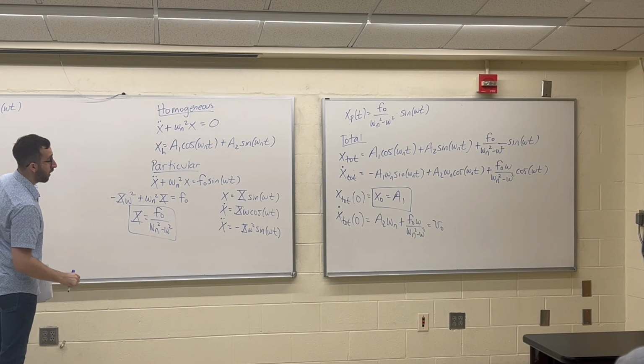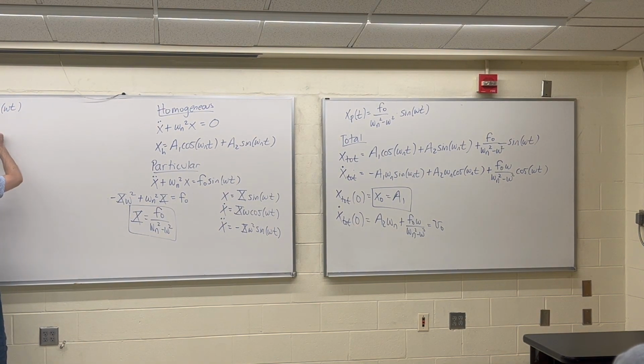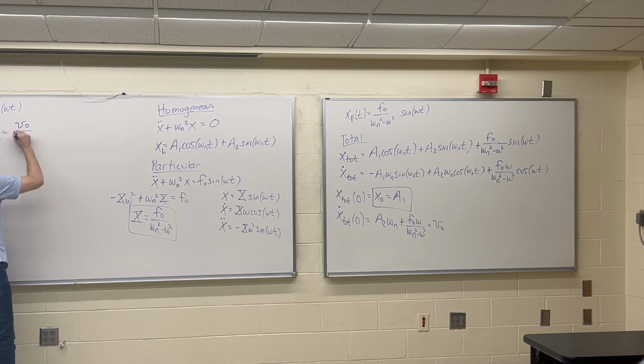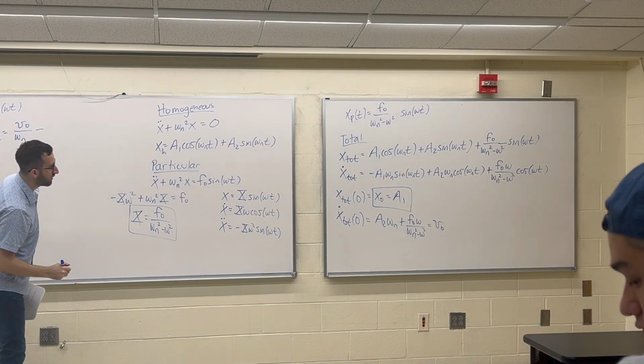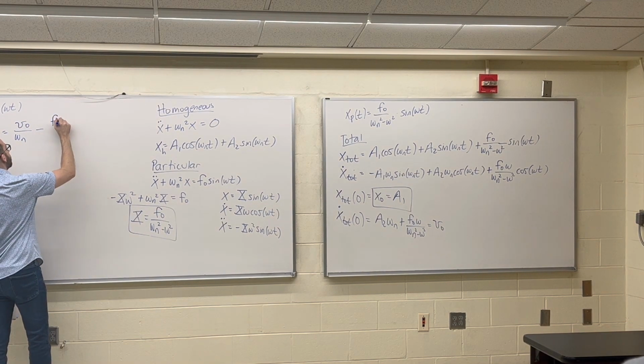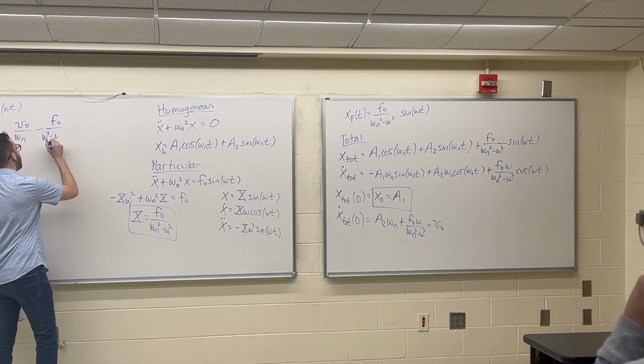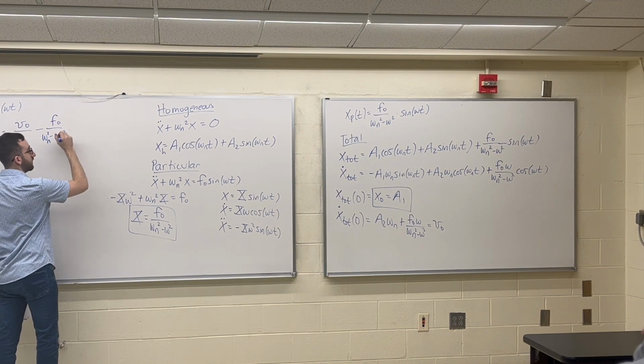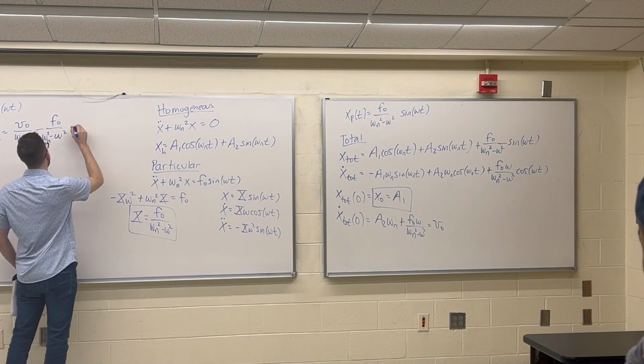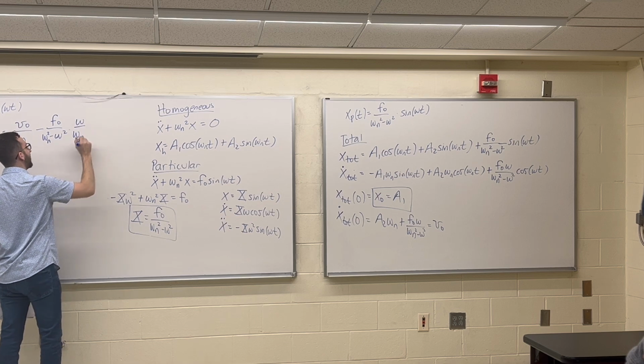So if we were to go ahead and bring everything over and solve for A2 in the way I defined it, this would be v naught over omega n minus F naught over omega n squared minus omega squared times omega over omega n.